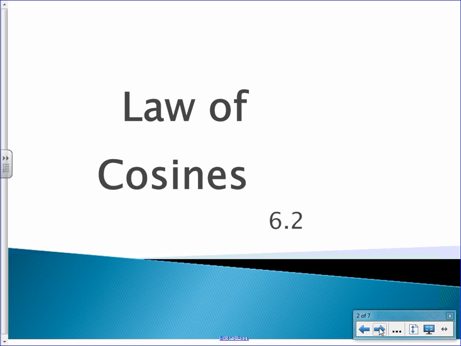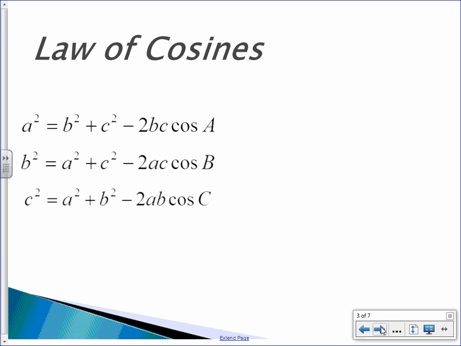If you recall from Algebra 2, this is the law of cosines. Okay? Do you need to write all three of these down? No, pick one.